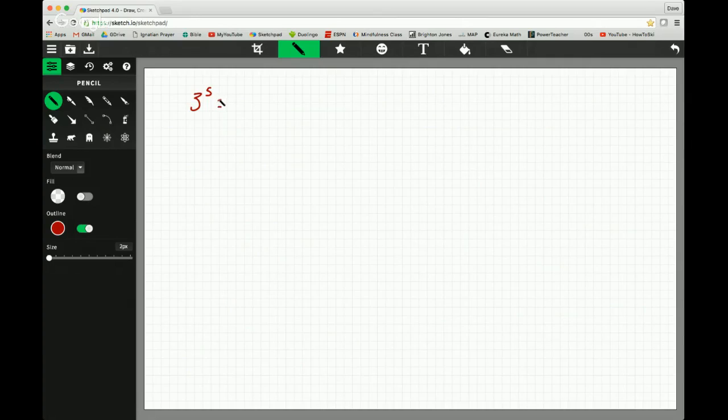Maybe you can just write these down and make sure you understand it. Get a little piece of scratch paper and figure out what you think that is. But 3 to the 5th is 3 times 3 times 3 times 3 times 3. 3 multiplied 5 times.